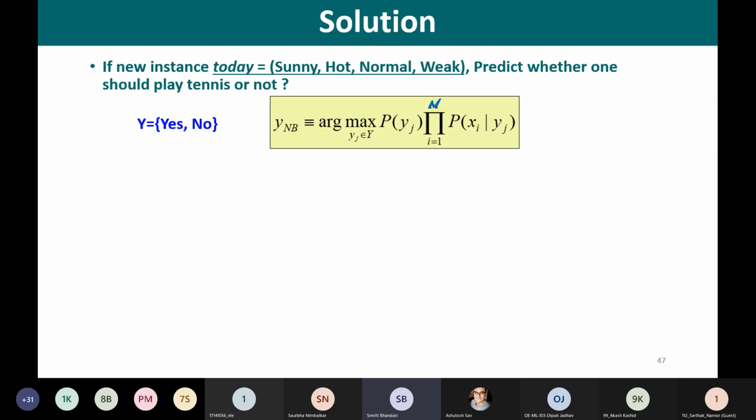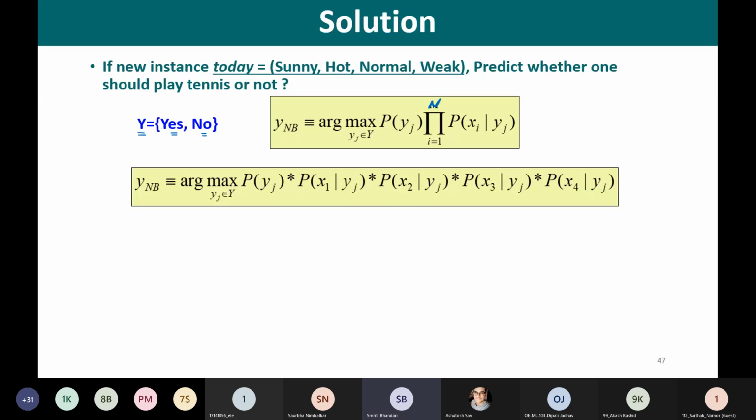Here, as I stated earlier, Y is the set of class labels, and we have 2 classes, yes and no. For yes, we are going to compute this quantity, and for class label no, we are going to compute this quantity. For whichever class this quantity is maximum, we are going to declare that class for this instance. Let us see how we are going to do that.